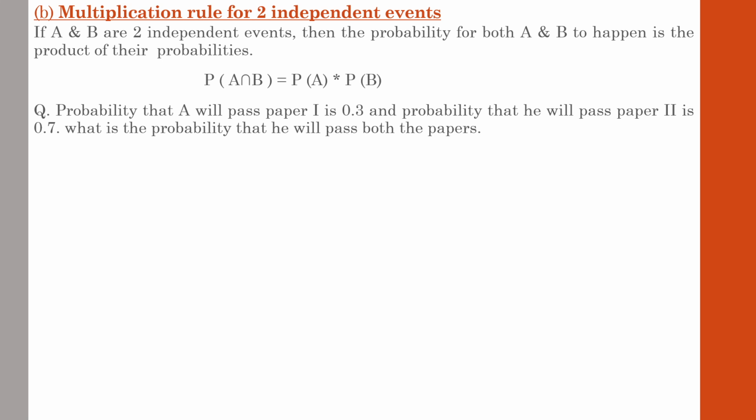Here there is no statement that if he passes paper 1, he will fail paper 2, or if he passes paper 2, he will definitely fail paper 1. There is no relation between the paper results, no statements like that. So we can conclude that this is a case of the multiplication rule, under which it is a case of independent events. So this is how you need to identify a case.